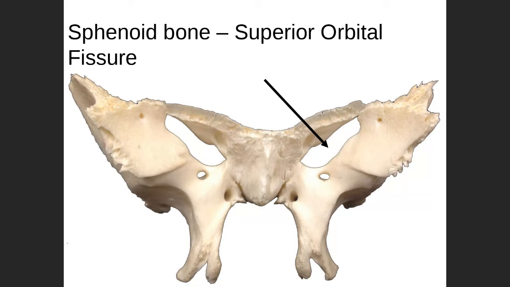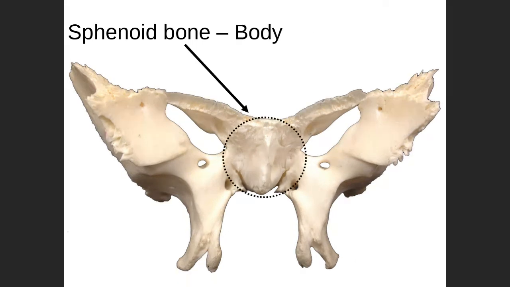This is located in the posterior region of your orbit, and that structure is called the superior orbital fissure. In between the left and right superior orbital fissures, you have the actual body of the sphenoid bone.